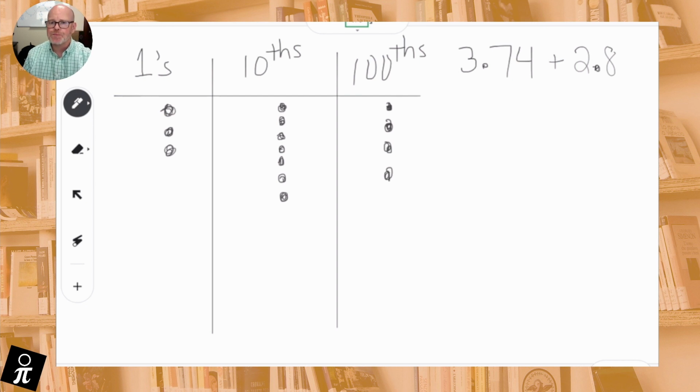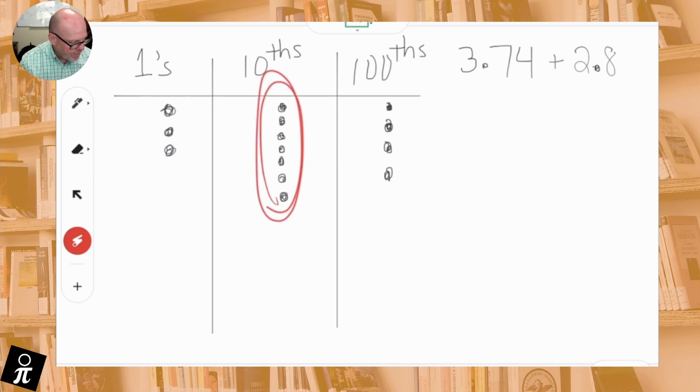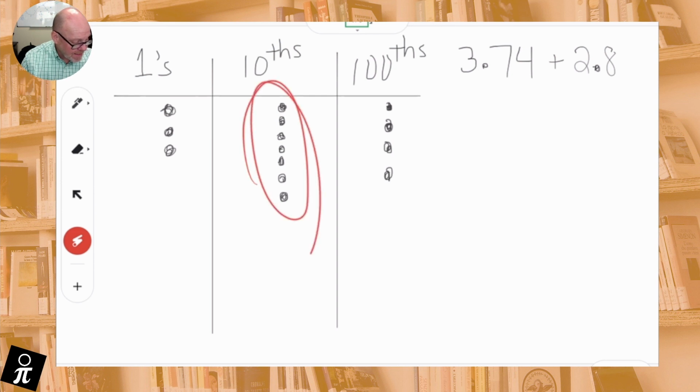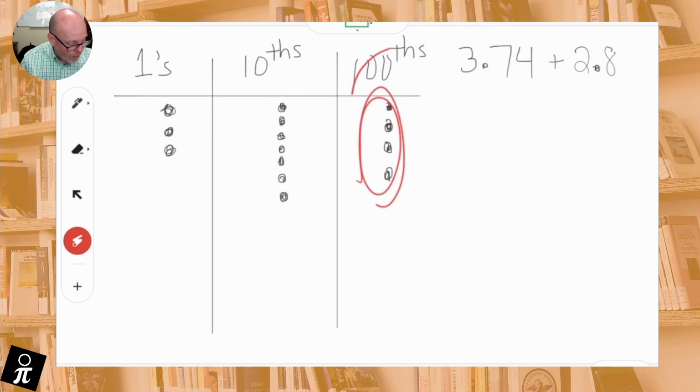There we are. So that is 3.74, 3 and 74 hundredths. But I'm going to call this 3, 7 tenths and 4 hundredths. I have no problems calling this 3.74, because it's 7 tenths and 4 hundredths.